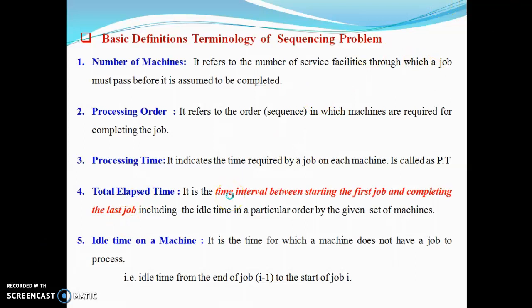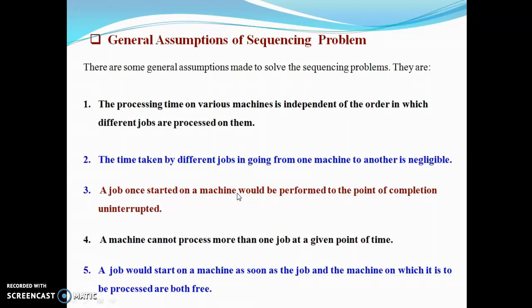So dear students, now we can go to some assumptions of the sequencing problem. There are some general assumptions made to solve the sequencing problem, and they are given below.